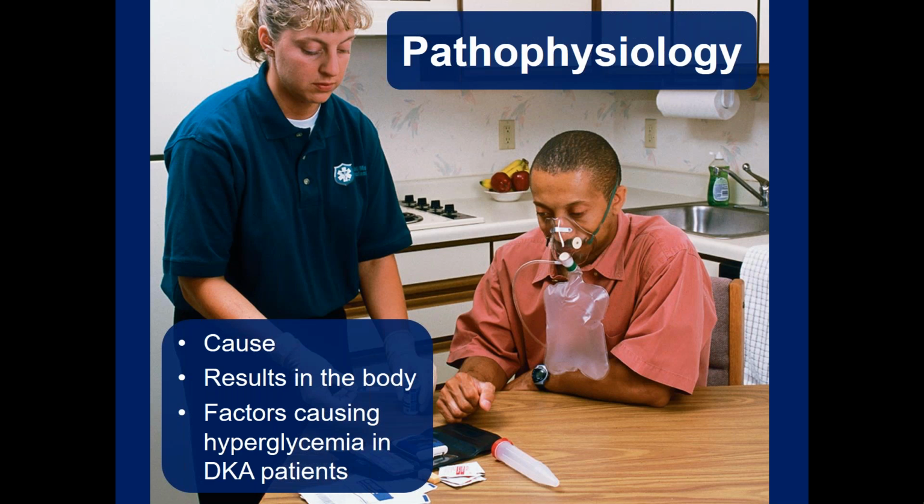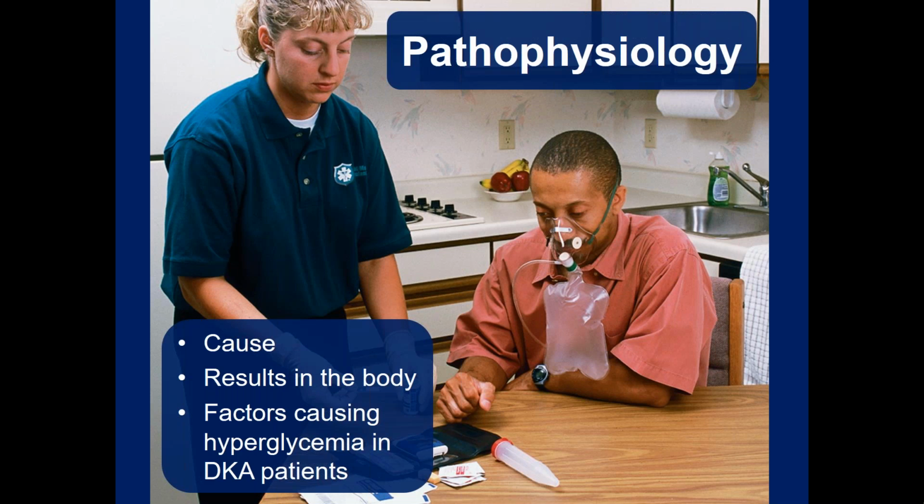So if they're peeing all the time, they're going to be thirsty all the time to replace all of those fluids. And their family, or the patient if they're still responsive, may actually tell you about an unbelievable increase in the amount of fluid that this patient has been taking in over the last day or so. And then the hungry all the time.